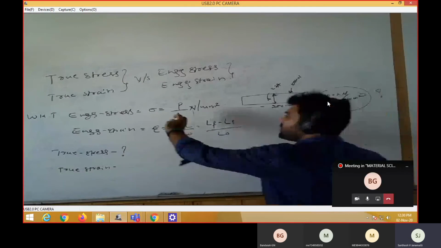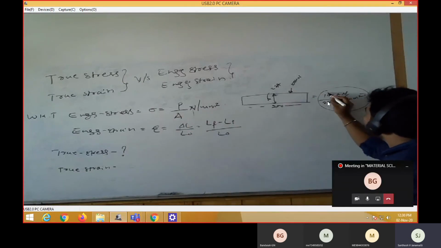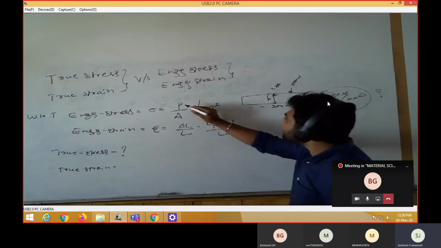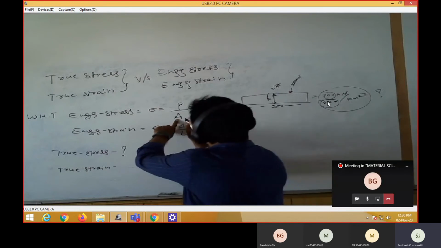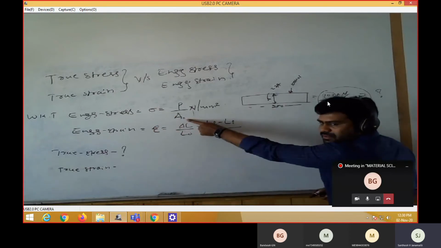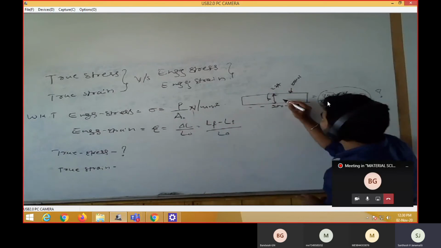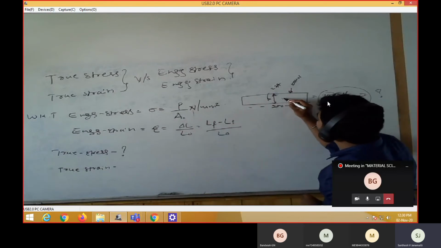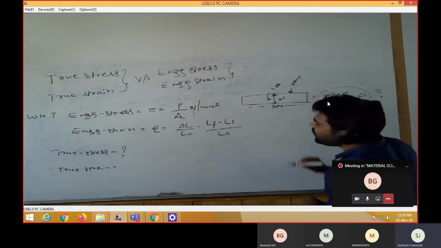That is the engineering stress. See what I am taking here: applied load 100 kilonewton, and the original cross-section area. How much is the original cross-section? Initially the diameter is about 15.